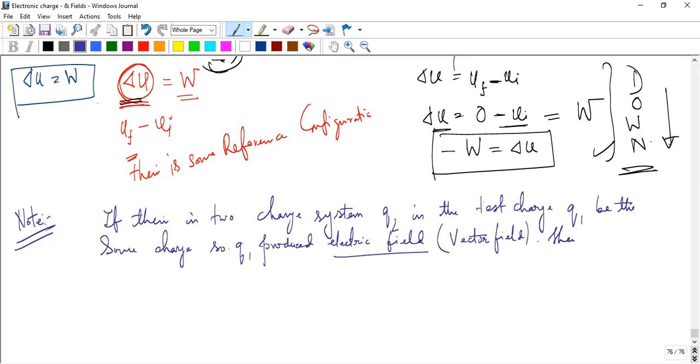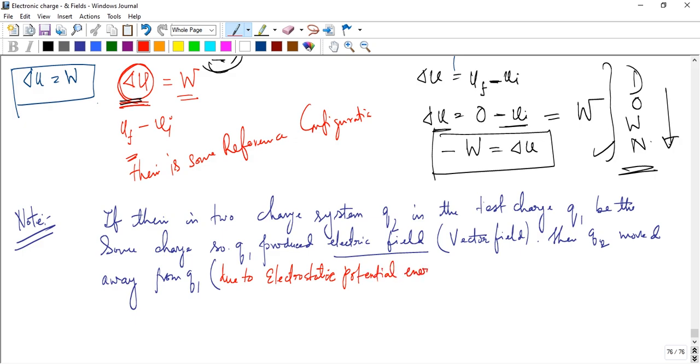So Q2 moves away from Q1 due to the electrostatic potential energy.